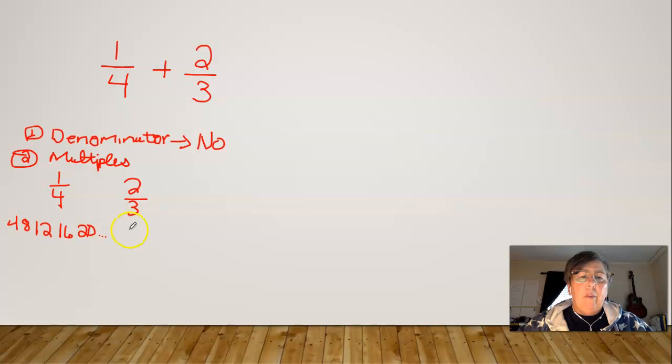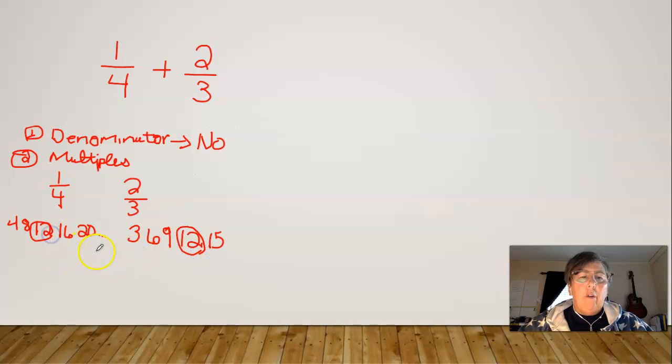All right, let's do the multiples of 3: 3 times 1, 3 times 2, 3 times 3, 3 times 4, 3 times 5. Oh, I hear you. Okay, I'll stop. Look, there it is: 12.